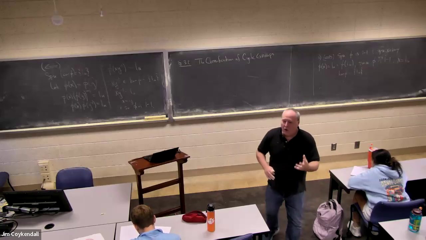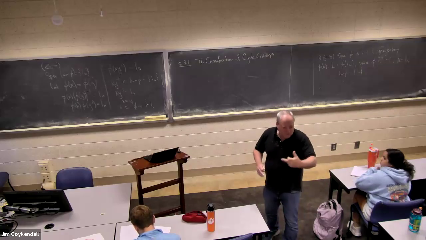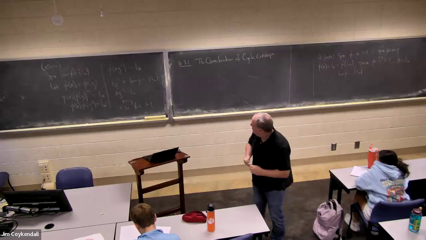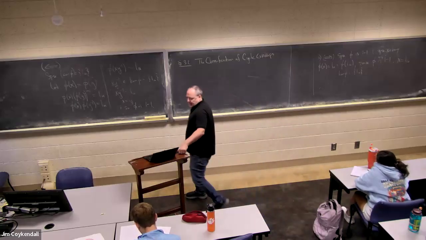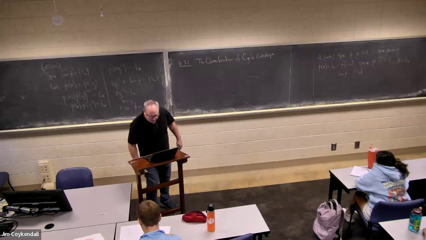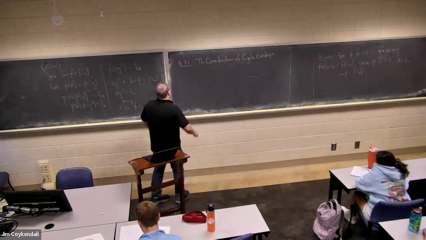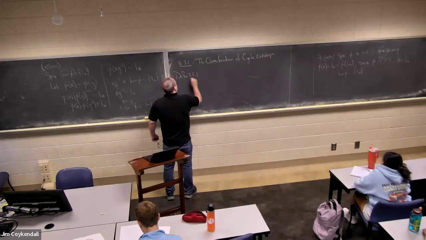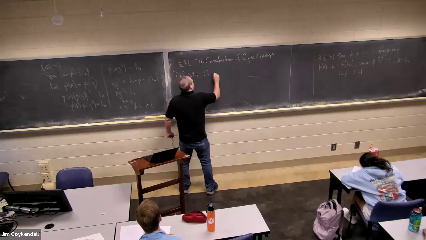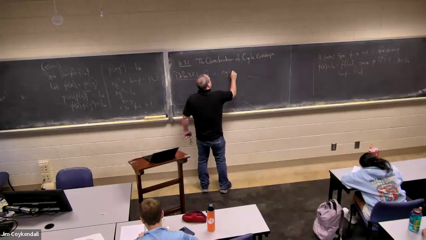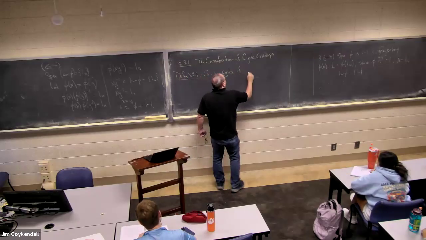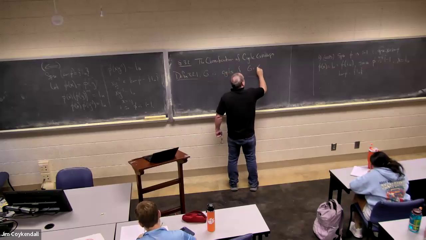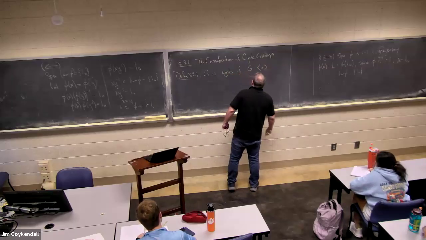If you see n R's in a row, it's the identity. A cyclic group is a group that's just generated by a single element, G generated by a single element.